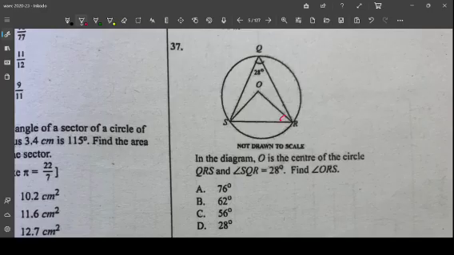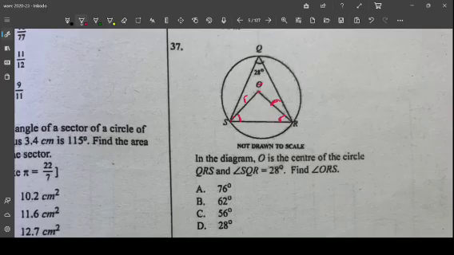If this is the center of the circle O, we know that any line drawn from the center of the circle to meet the circumference is known as a radius. So this line here is the radius. Also, this line in this direction is also a radius because it is drawn from the center to the circumference. So if these two lines are equal, that means their base angles are also equal. So whatever I'm going to get here is equal to what I get here.